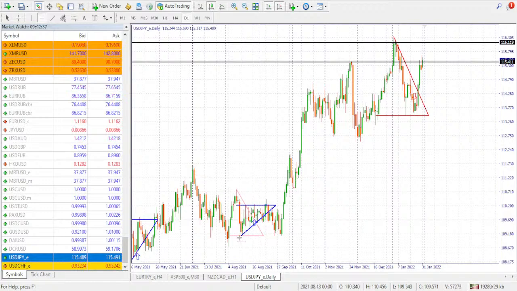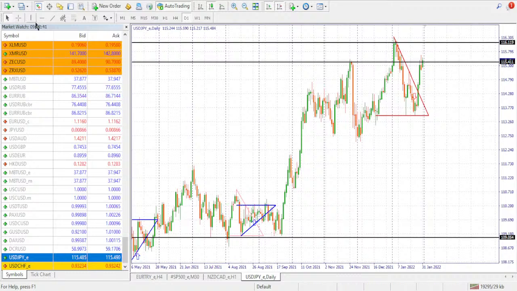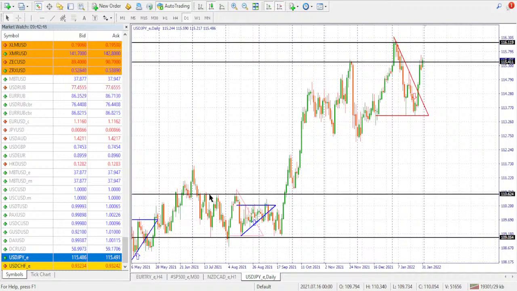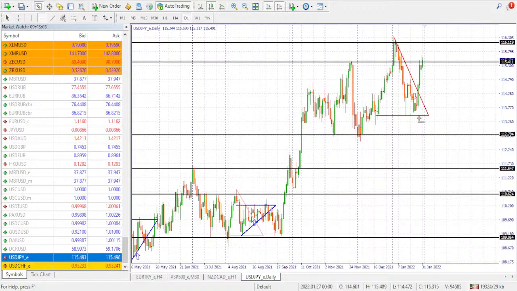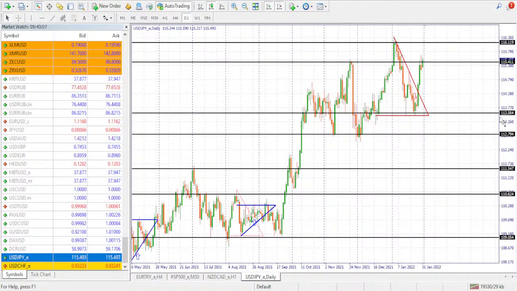On the lower side, we have our targets. We have at the very bottom this 109.054. Then the next one is this one, 110.624. Then the next one is this one, 115.547. Then the next one is this one. And then we have another one close to where the price is now, which is at this level here.